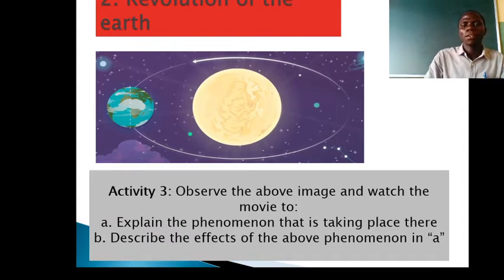Observe the above image. I'm going to show you a part of a movie. Then the activity is this. After watching the following movie and observing this image here, explain the phenomena that is taking place there. Describe the effects of the above phenomena on Earth.